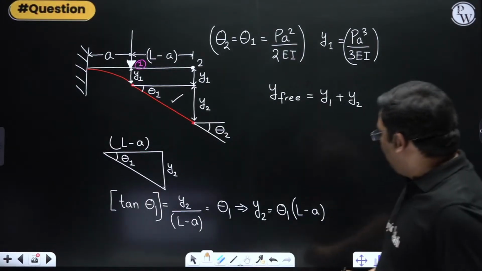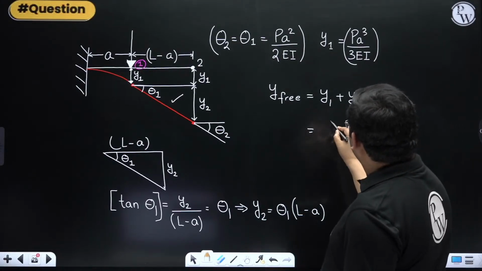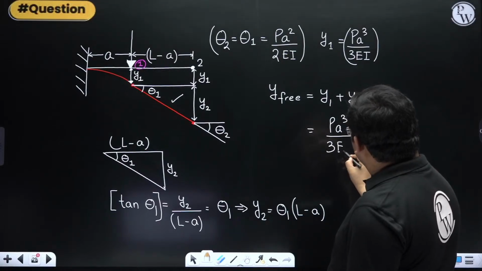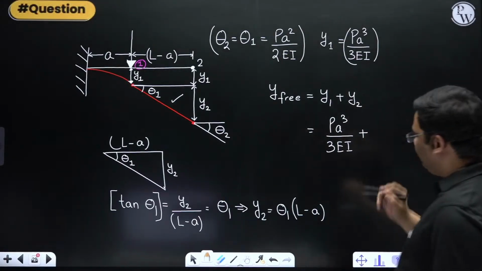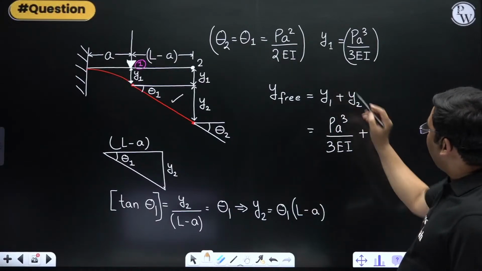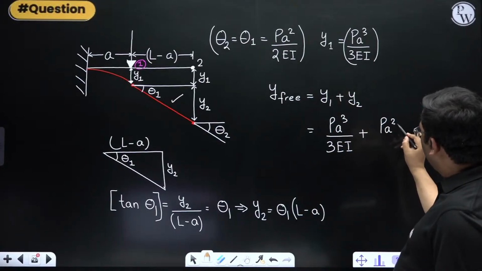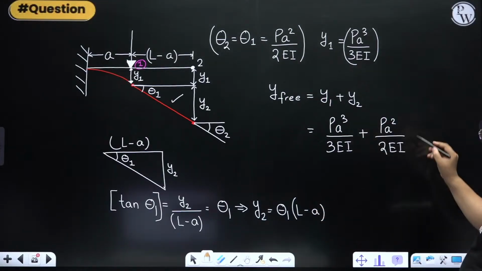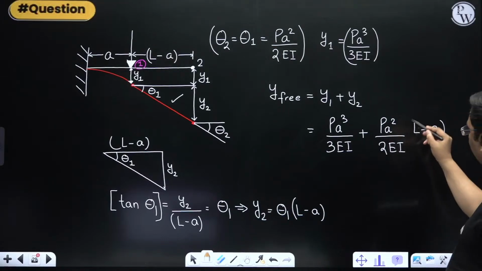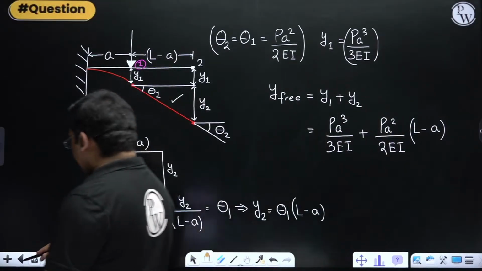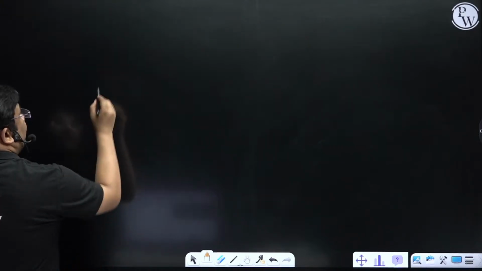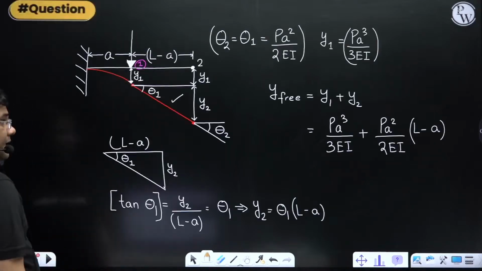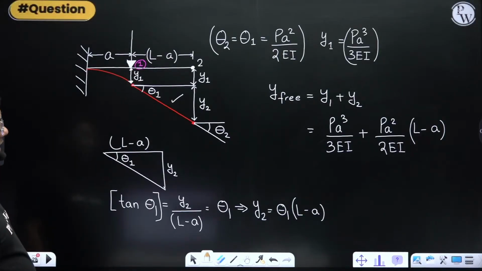So when I write this, y1 is PAQ by 3EI, and y2 is theta 1 times L minus A, where theta 1 is PA square by 2EI. So when I find the total deflection at the free end, I can take PA square by EI common.